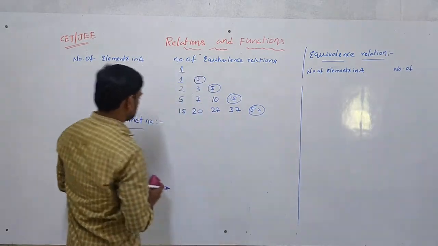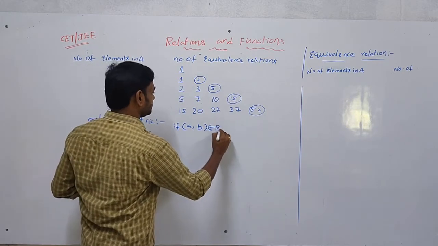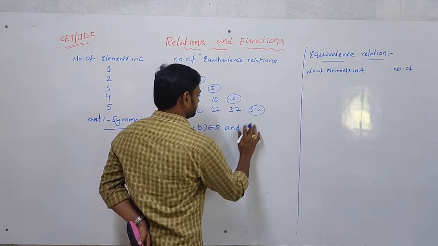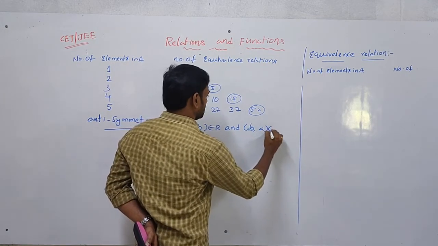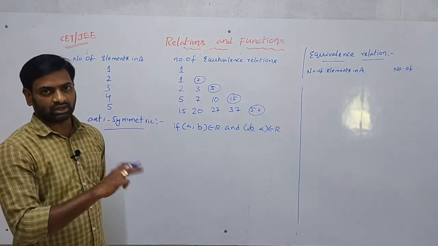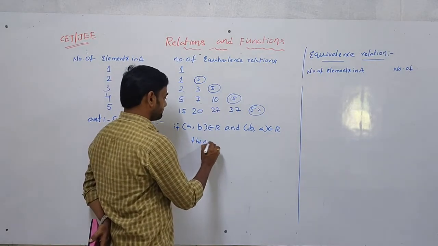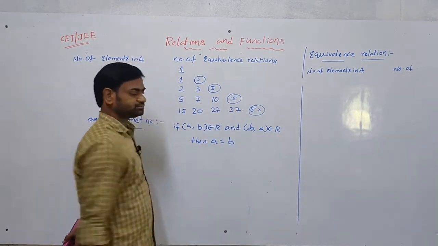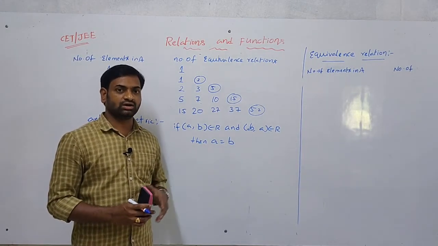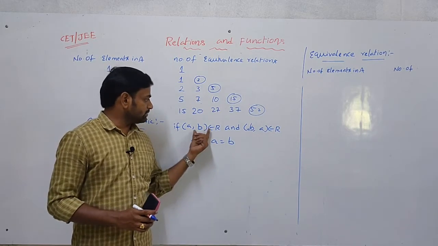See, if A comma B belongs to R and B comma A belongs to R, that means both reverse exist, A comma B, B comma A, both exist, then A equal to B. If A equal to B, then it is called anti-symmetric relation.